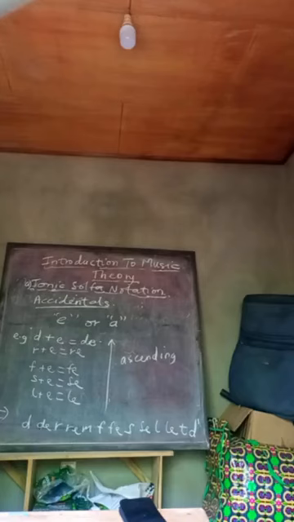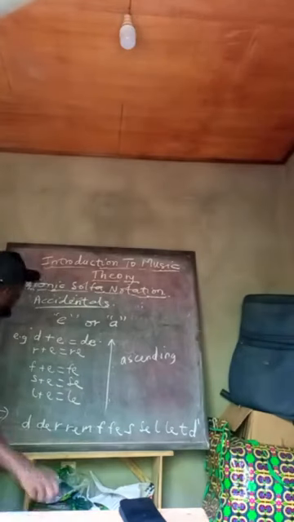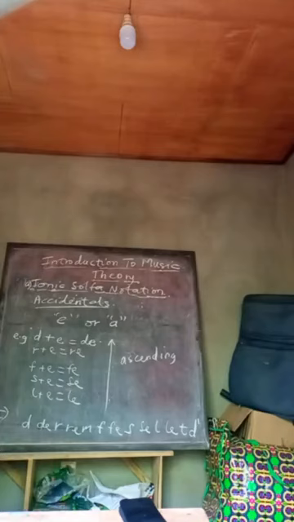So here we have added to have the ascending one. These accidentals are for when you are ascending. Now, when descending, we have to do the one for descending.